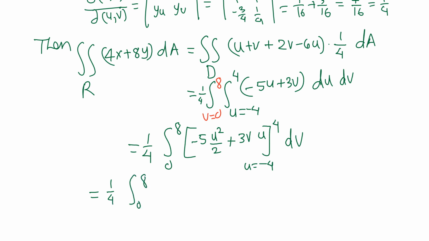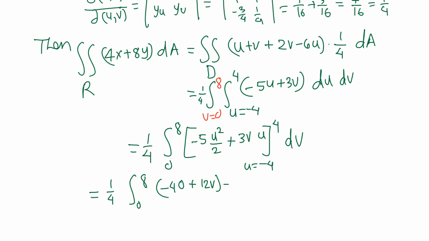Let's plug in the upper limit. u squared is 16, times 5 over 2 is 40, so negative 40, plus u equals 4 times 3v, 12v, minus the lower limit. Now you can easily do this part.